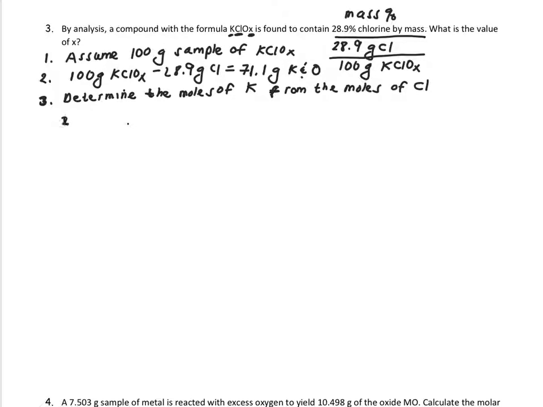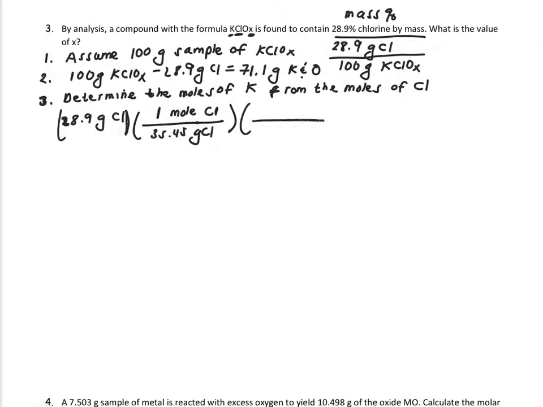So if we have 28.9 grams of chlorine, and for every 35.45 grams of chlorine we have 1 mole of chlorine, and for every 1 mole of chlorine there is 1 mole of K, this ends up being 0.8152 moles of K.